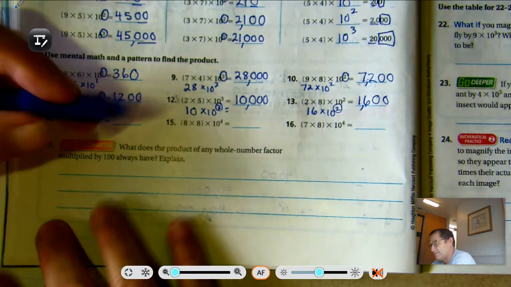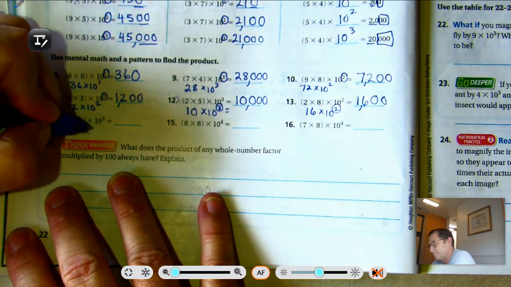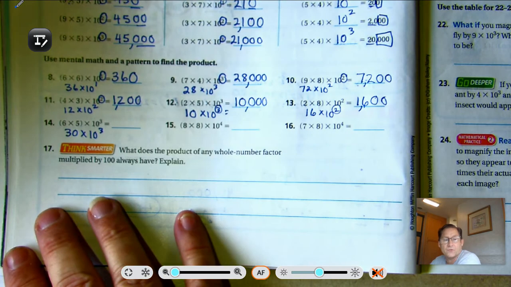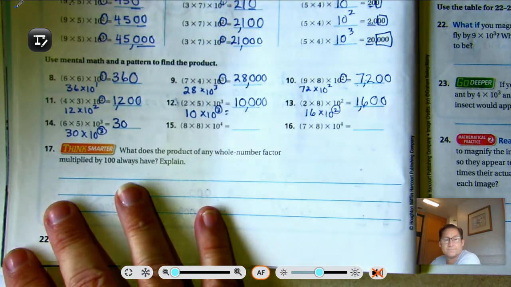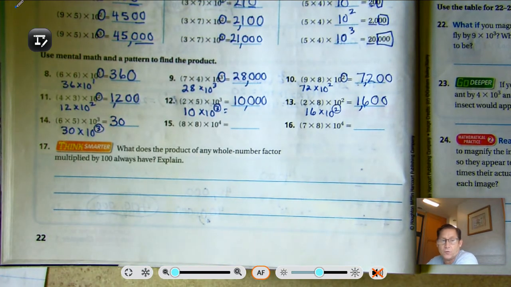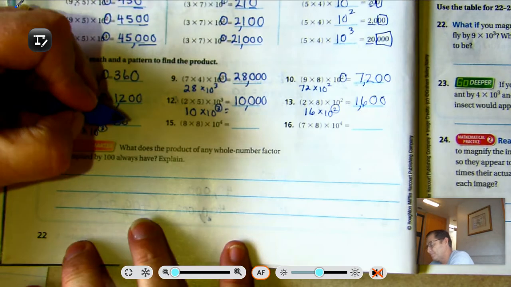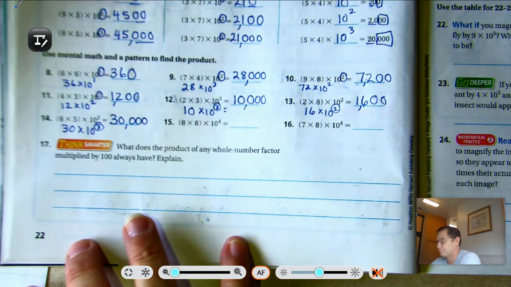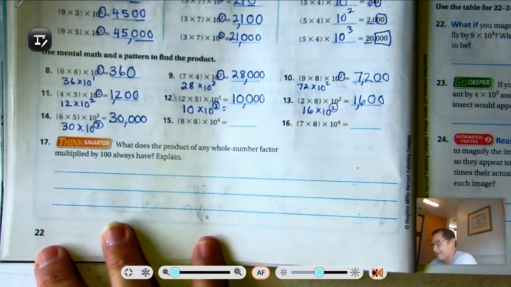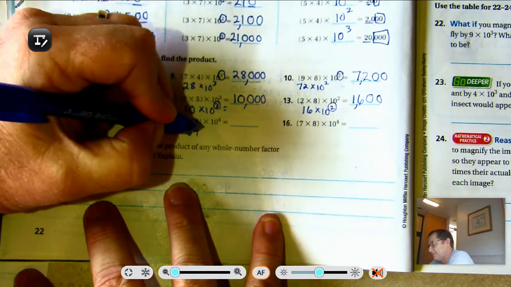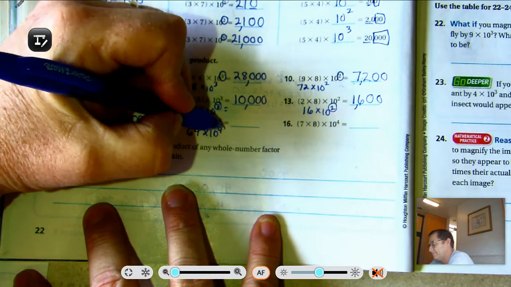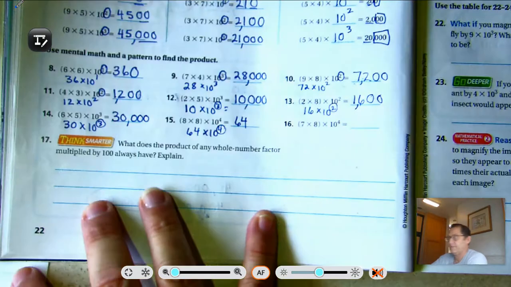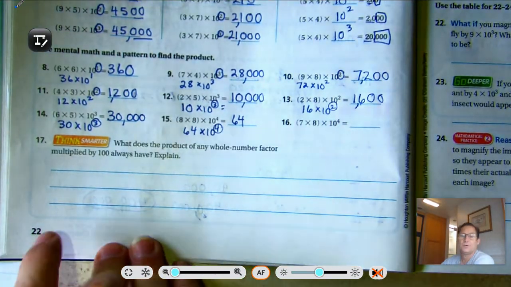6 times 5 times 10 to the third. So 30. 6 times 5 is 30. That's our whole number, followed by 3 zeros. 15. 8 times 8, 64, times the fourth power of 10. Okay, so 8 times 8 is 64.